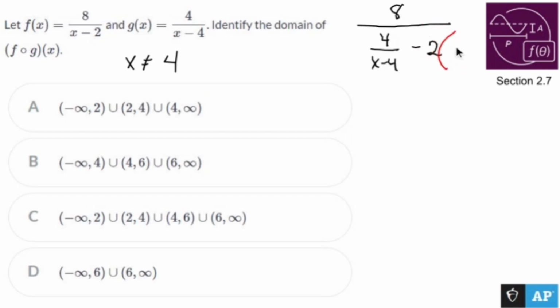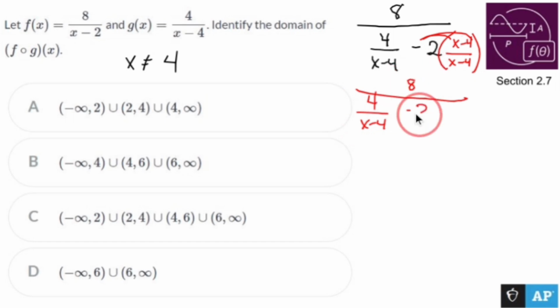I'm going to multiply this by x minus 4 over x minus 4, distribute, and that gives me 4 over x minus 4. By the way, 8 is still on top. I don't know why I forgot to write that out. Distribute that, you get negative 2x plus 8 over x minus 4.